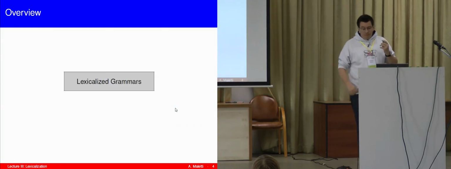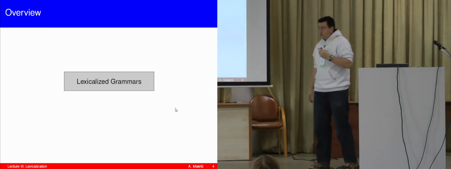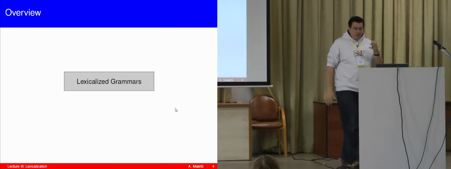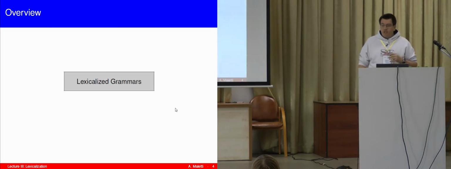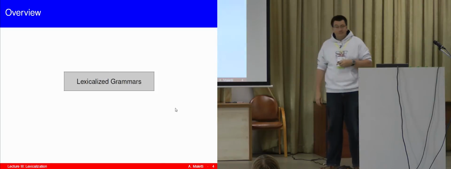The problem that I chose, there are many actually to choose from, is lexicalized grammars, simply because it's a nice area that is relatively easy to explain, and we already had the mention of tree adjoining grammars, so they'll reappear today actually.